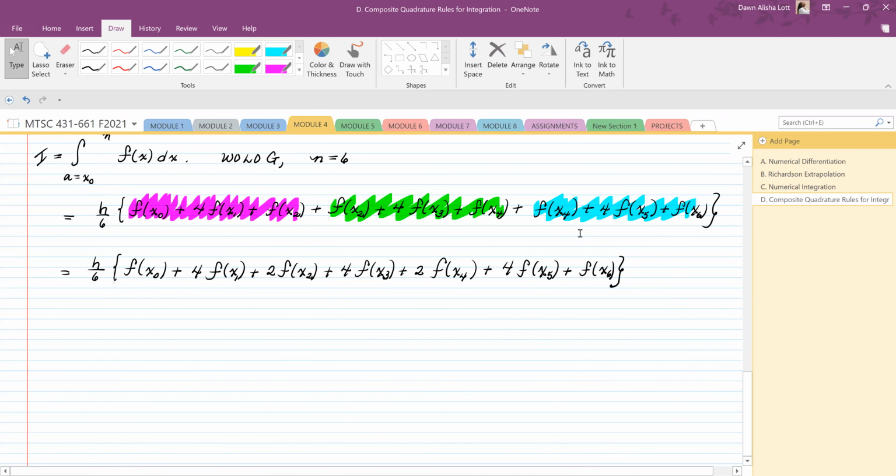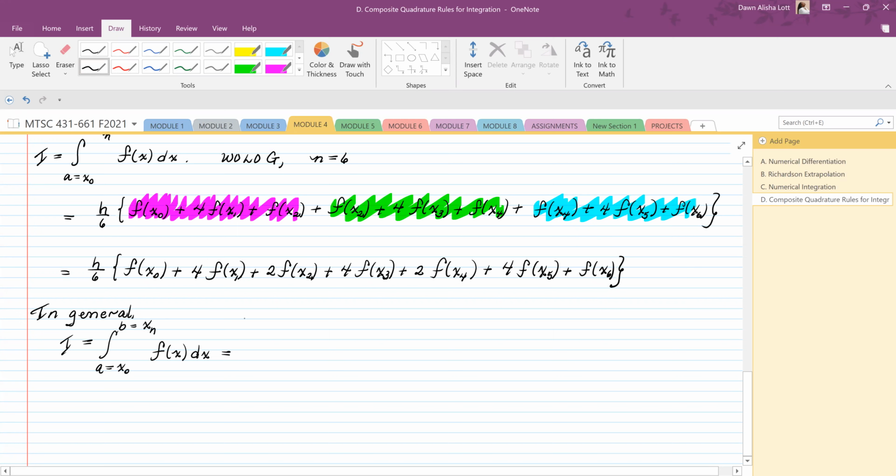So in general, I is equal to the integral from a equals x naught to b equals xn, and again, n is even, of f of x dx.